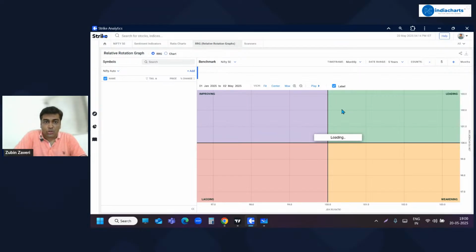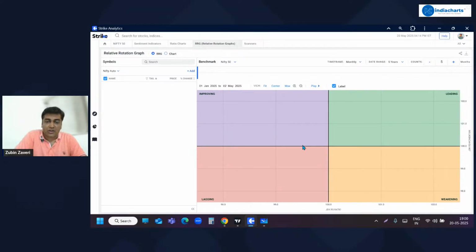So there will be auto stocks over here which are compared to this benchmark, and there are three options available for benchmarking. In future we may add a few more benchmark indices over here. That will be future plans. Currently we have only these three options.